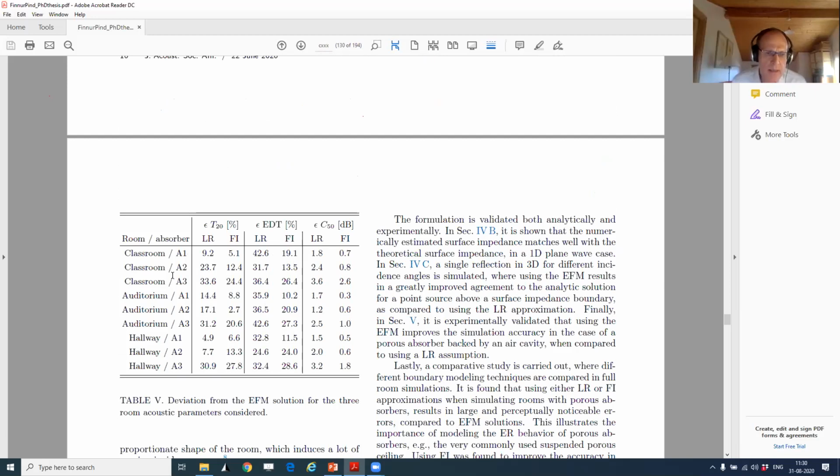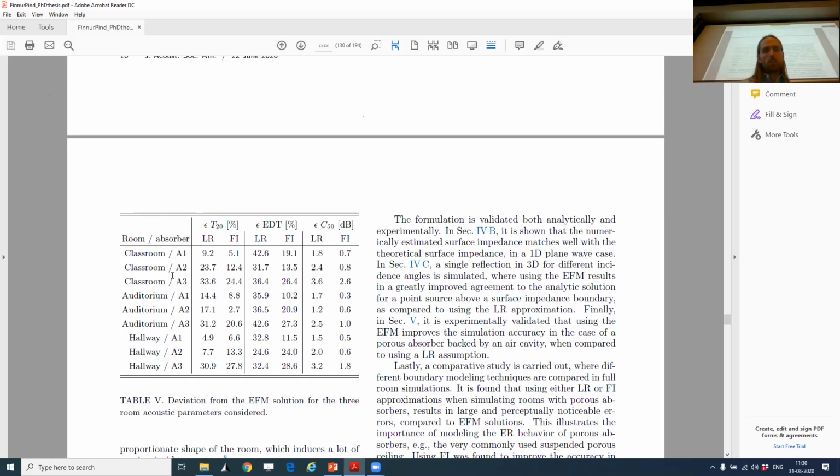So this is the deviation from the EFM solution. Indeed. But do you have any data on the variation or uncertainty in the measurements? Because there's no measurement involved here, right? No, that's true.